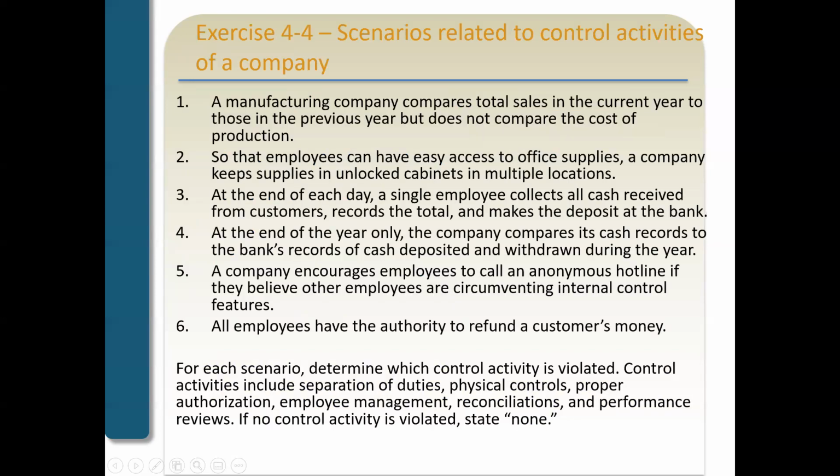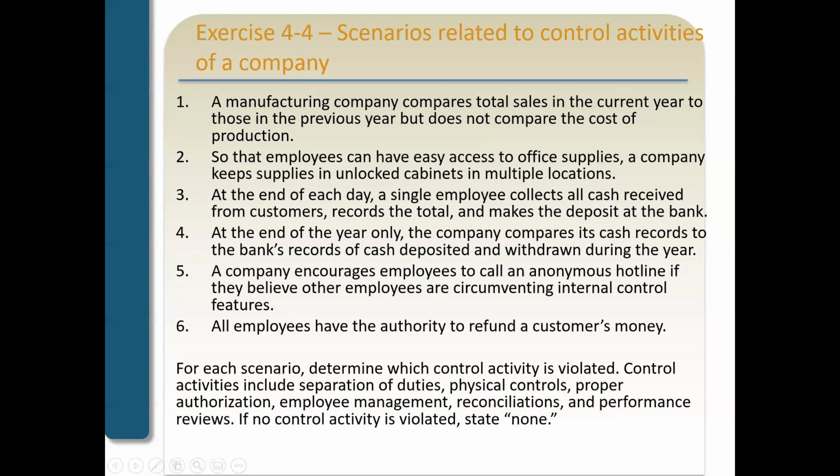So guys, we're going to look at this exercise. And for each scenario, we're going to look at which control activity could be violated, such as separation of duties, physical controls, proper authorization, reconciliations, and performance reviews.